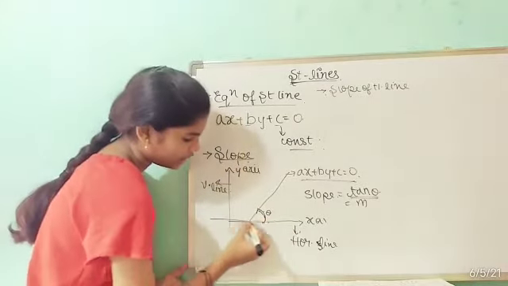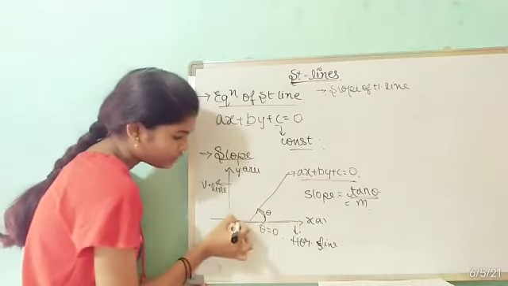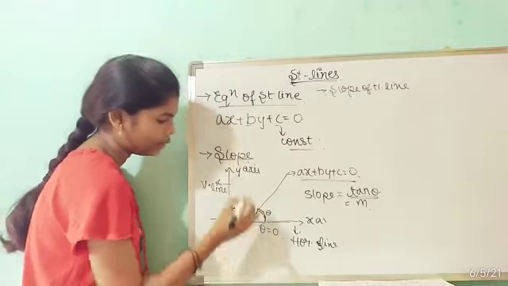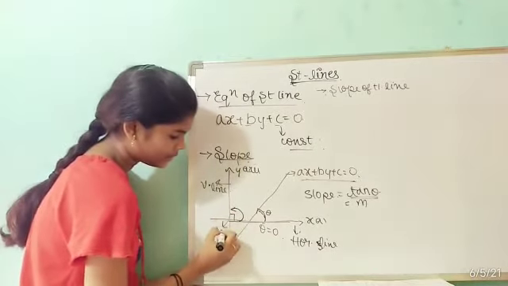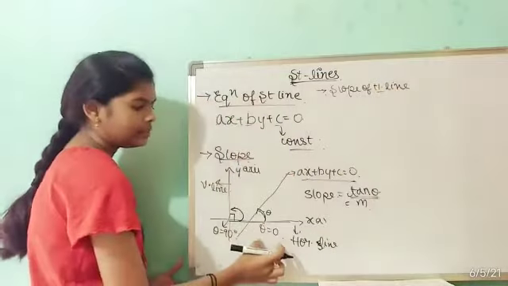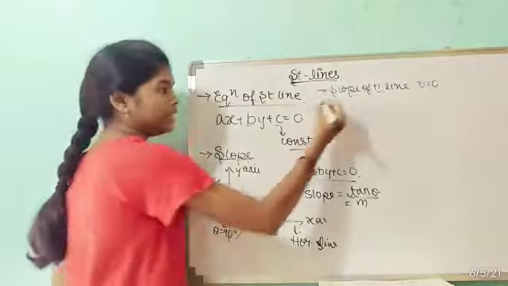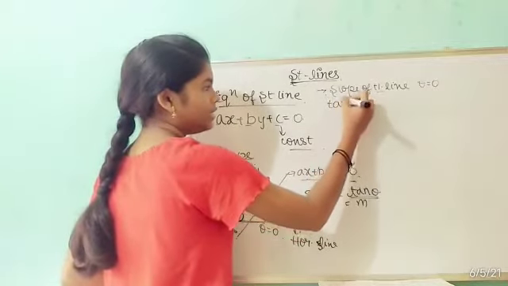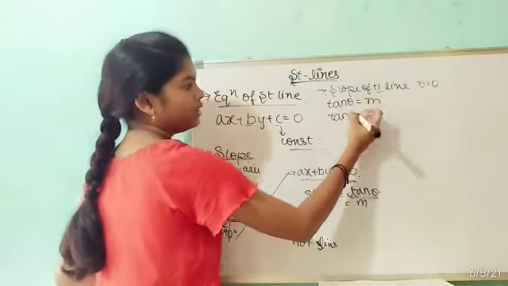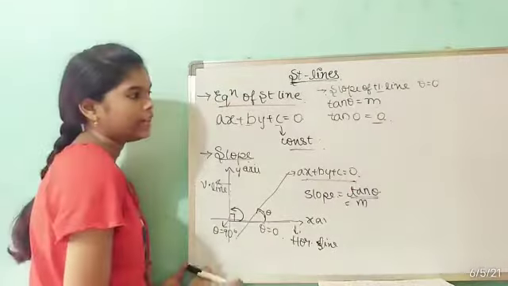If we move from the x-axis to the y-axis, then the entire angle will be 90 degrees, but for a horizontal line theta will simply be 0. If you substitute theta in tan theta equals slope, tan 0 is 0. The slope of a horizontal line will be 0.